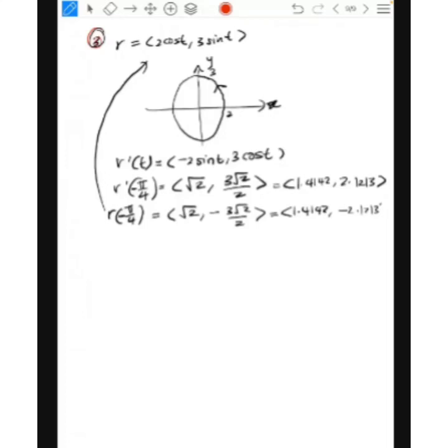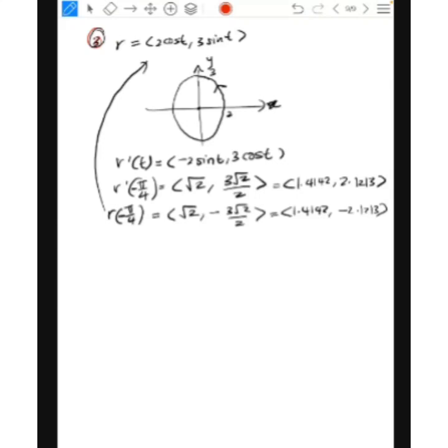So we plot the r first, not the r prime, because it is the position vector. Position vector means starting from the origin. The tangent vector, though, must start from the last point of that position vector. That's why we find the position vector first.